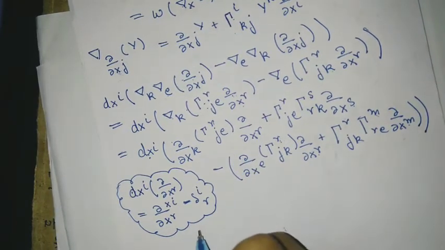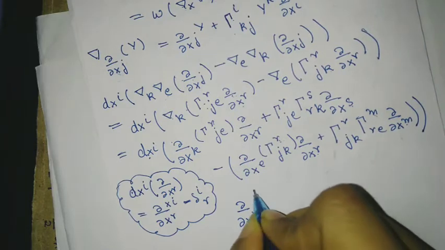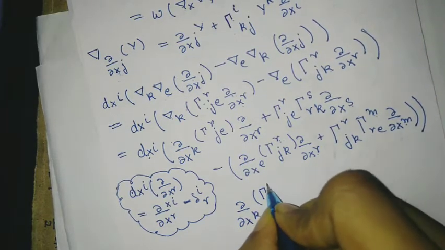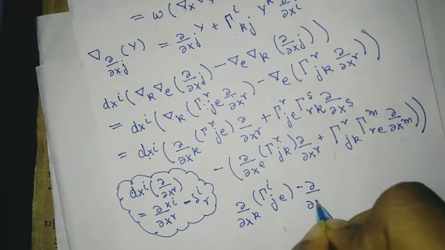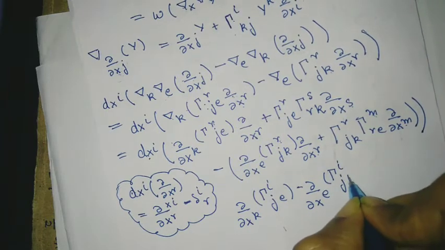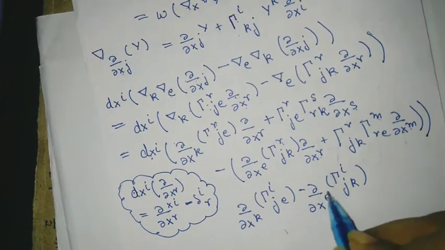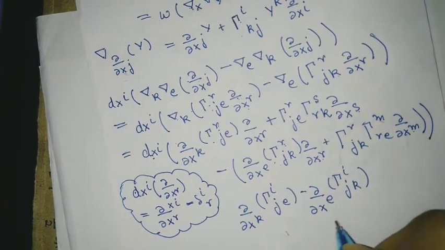So the final form will be del x^k tau. This one comes from this. I have taken the first one, and these two terms are left.